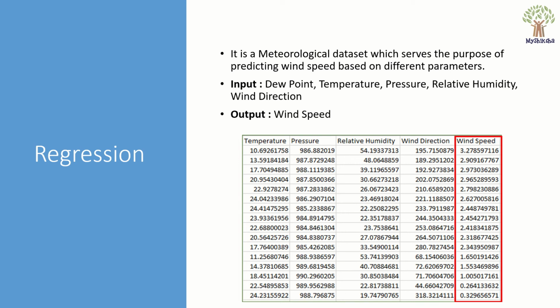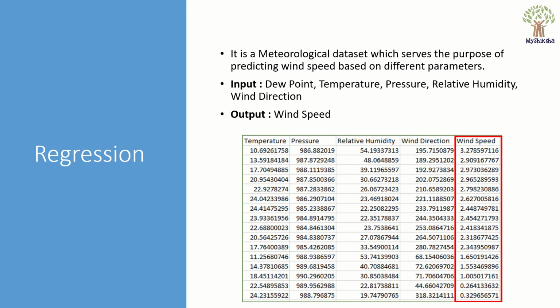Based on the past data, you are identifying the weightages W1, W2, W3, W4 from the past historical data, which can be used to compute y for a given x1, x2, x3, x4. That is how you compute the wind speed for future data that is going to come in.